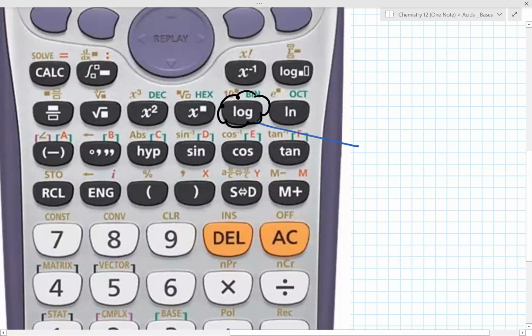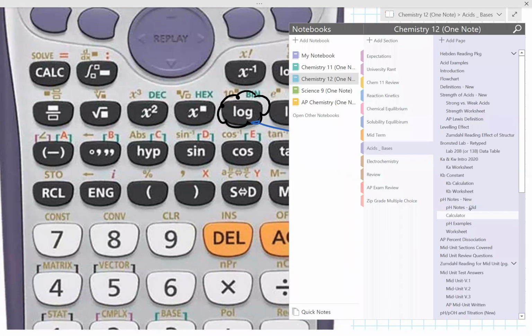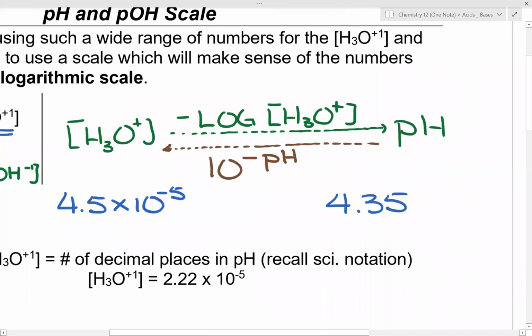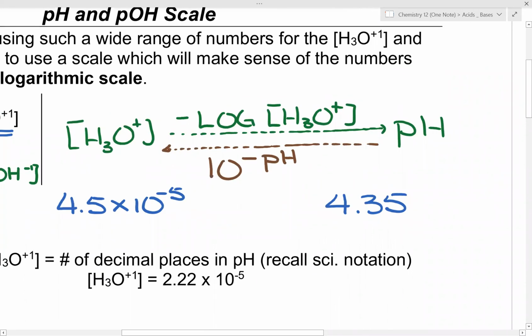So play around with the numbers and see if you are able to flip between the concentration of H3O plus to pH and from pH back to H3O plus. Try that out for a few minutes, see if you can get it. You can pause the video, and then when you are familiar with how to flip between the two, you can restart the video.